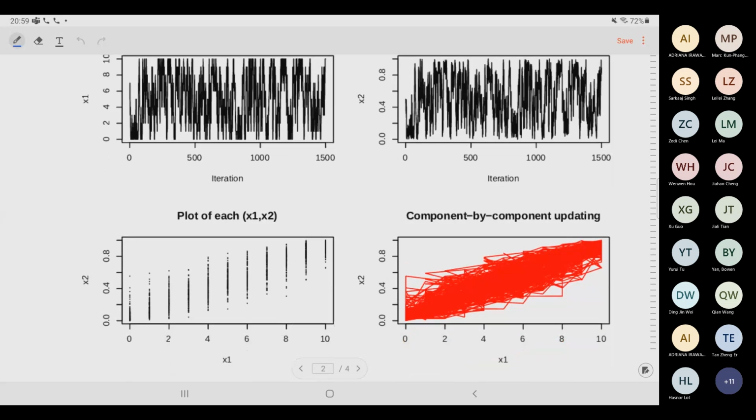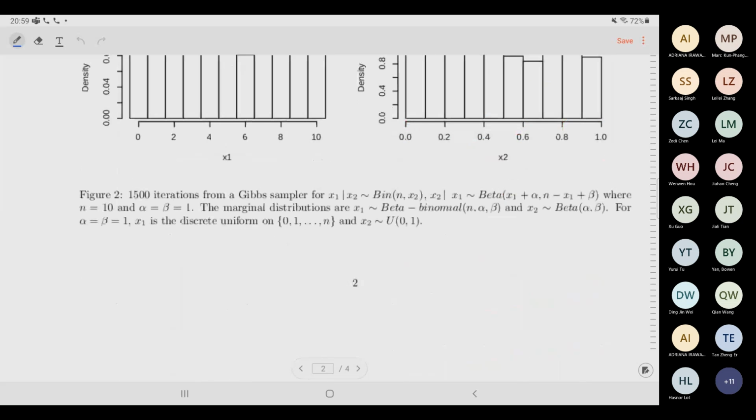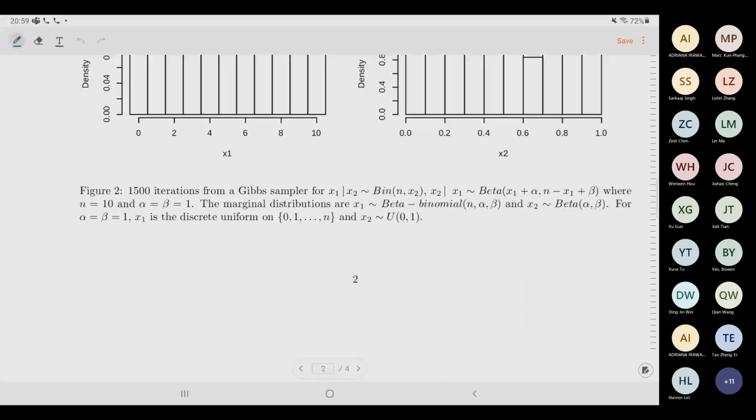So even though they are using the conditional posterior, remember, when you update, maybe I put x1, right? You have x1 and you have x2 at time 0. So this is your initial value. Then you have your x1 and x2 at time 1.